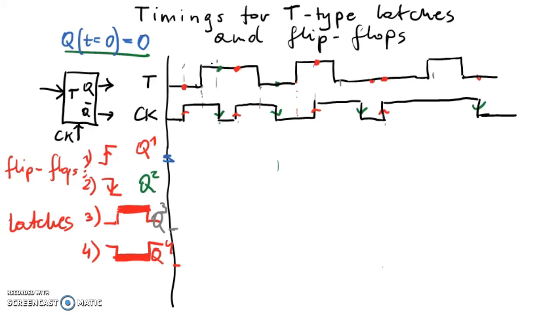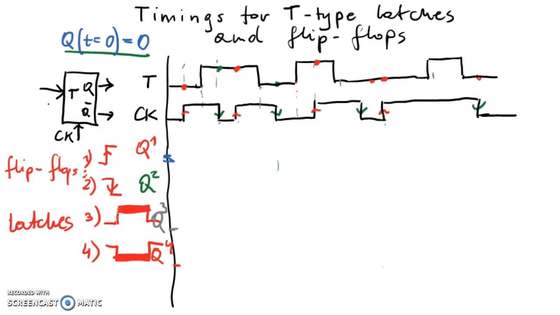We've got the timing for the changes which occur on the T input and the CK clock input. Our task is to draw the timings for 4 cases: 2 for flip-flops, rising edge triggered and falling edge triggered, and for latches, high level triggered and low level triggered.